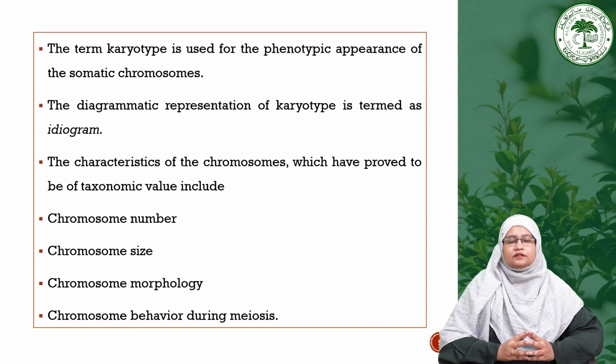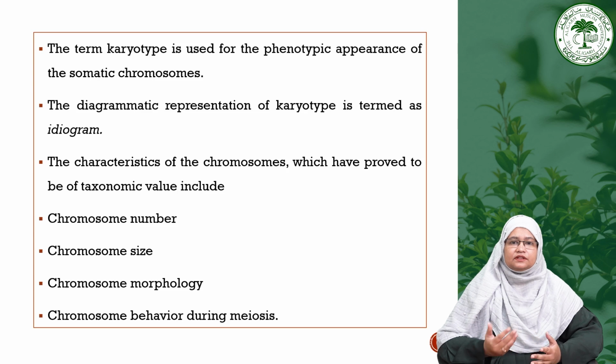And further, if we study the chromosome, there are some terminologies we have to know. The first term is the karyotype, which is used for the phenotypic appearance of the somatic chromosomes, and the diagrammatic representation of this karyotype is termed an ideogram.